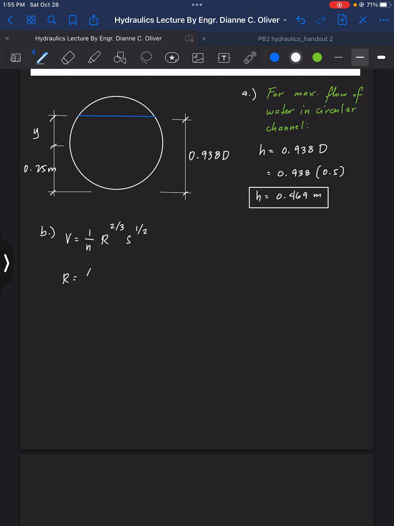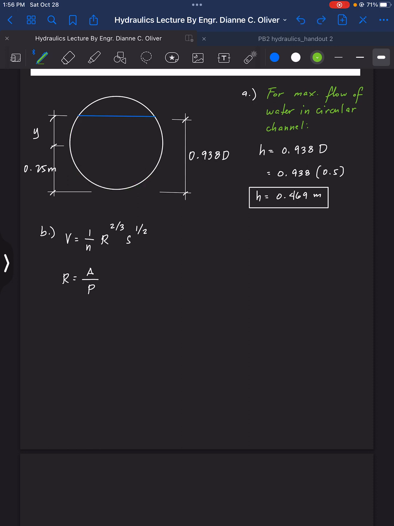For hydraulic radius, we have area total over P. The area total is actually the area of water, and for the P, we are concerned with the wetted perimeter, the circumference only. So this is the value for P.